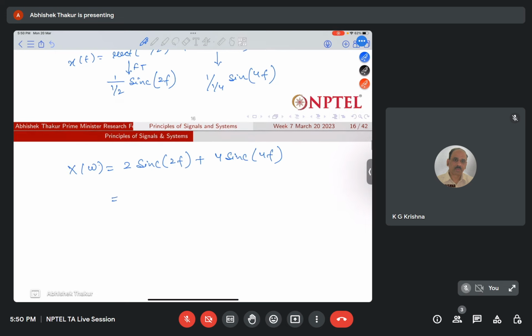Now, 2 pi f is equal to omega, so f is equal to omega by 2 pi. So 2 sinc(2f) becomes 2 sinc(omega by pi), and 4 sinc(4f) becomes 4 sinc(2 omega by pi).